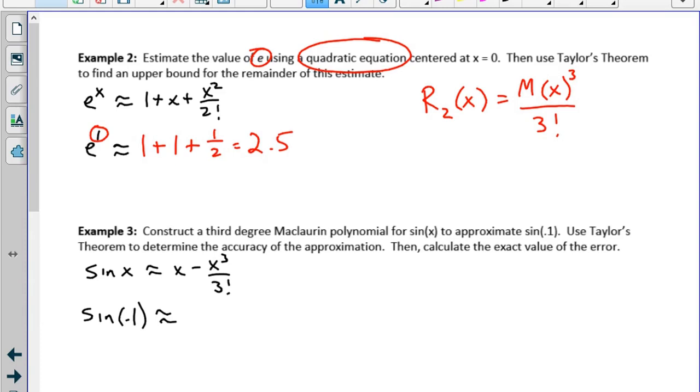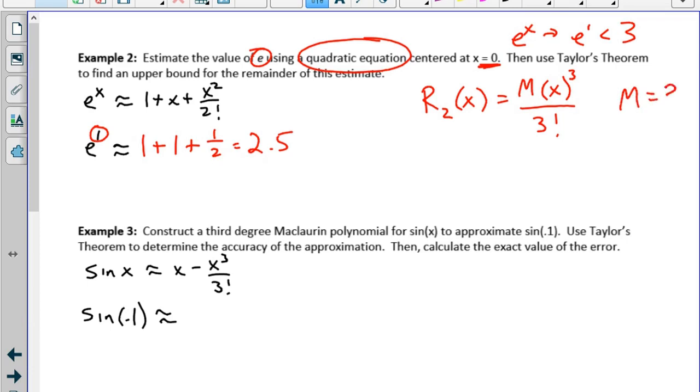Now, what is the maximum derivative of e to the x at the third level? That's still e to the x. So the maximum possible derivative between 0 and 1 is actually e. But since e is kind of nasty to calculate, I'm just going to notice that e to the 1 is less than 3, and 3 is a pretty decent bound for that. So I'm going to replace M with 3.